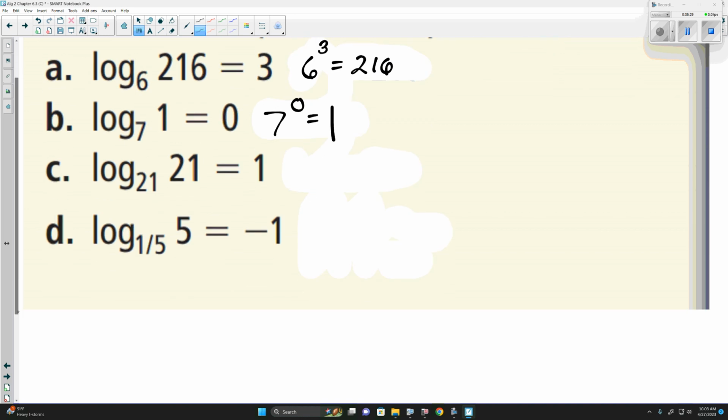The next one, log base 21 of 21 equals 1, so 21 to the first is equal to 21. And lastly, log base 1/5 of 5 equals -1 would be 1/5 to the -1 equals 5.